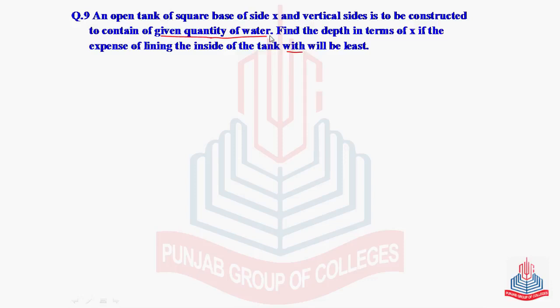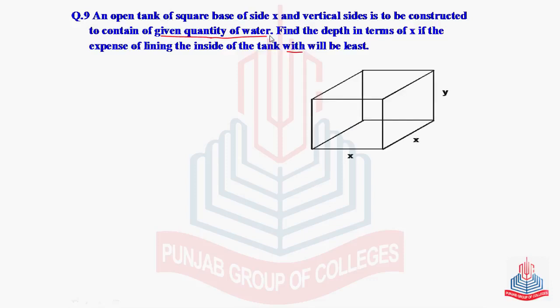We have to find the depth, or the height of the tank, in terms of x if the expense of lining inside of the tank, the material inside the tank, is least. That means we have to make the surface area least.